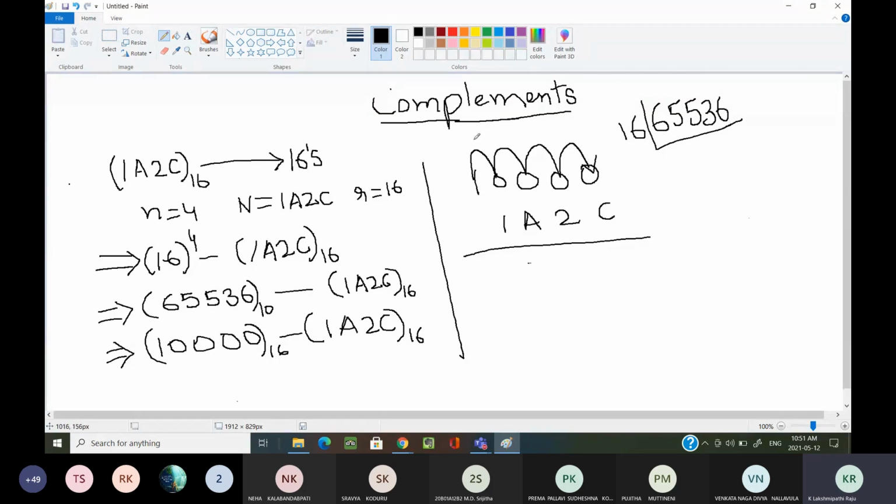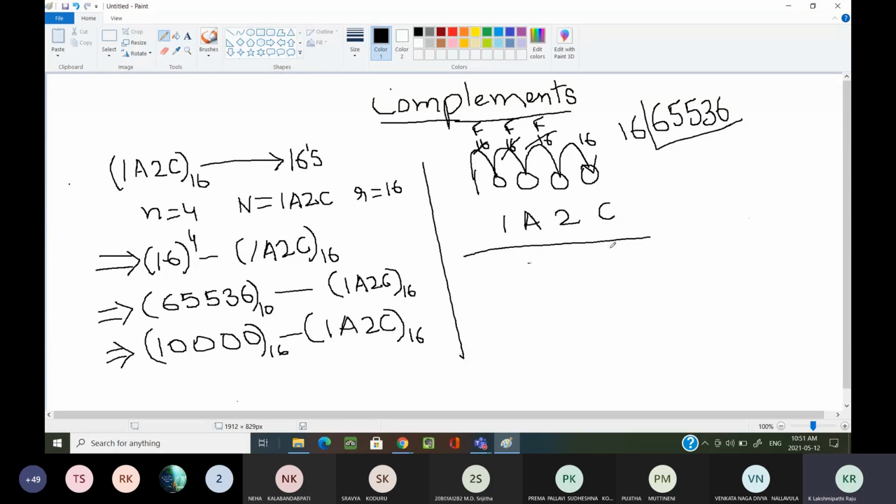Whenever you take the borrow the first time, this will become 16, and the next ones will become 16 as well. Now, when you have taken the borrow, the digits will become F.